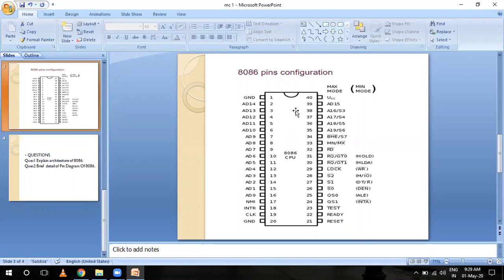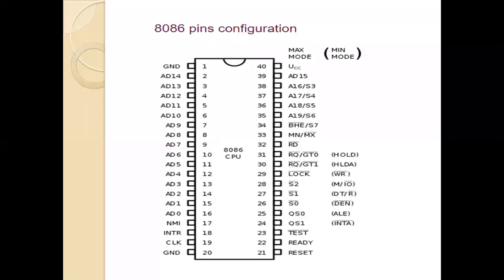You can see that the 8086 microprocessor is a 16-bit microprocessor and has 40 pins. You can see in the diagram there are 40 pins, and we will discuss these pins one by one.